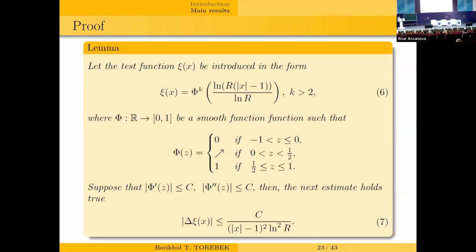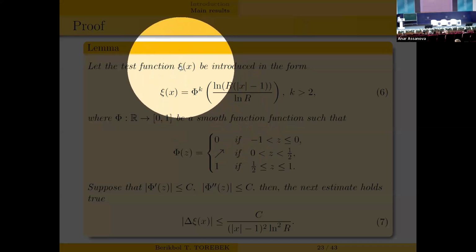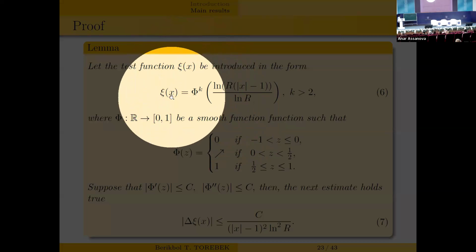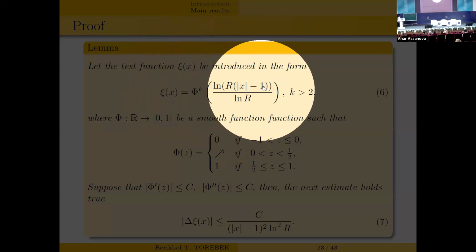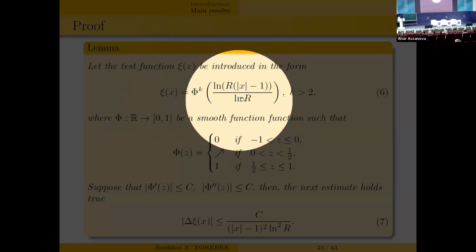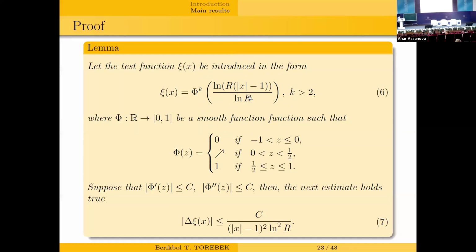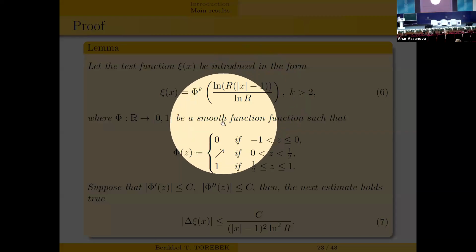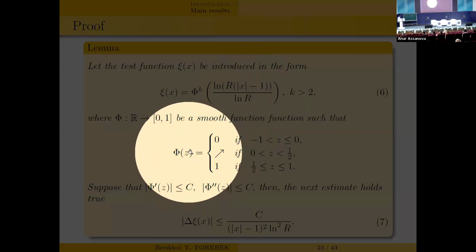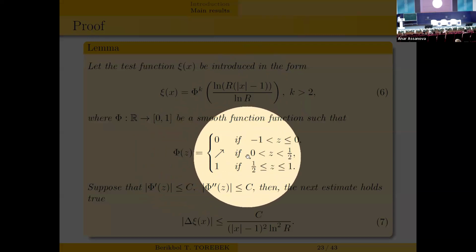And let us formulate a lemma. For the function psi of x, we introduce it in this form by a logarithmic argument test function form. And we suppose that this function capital phi has this kind of properties.